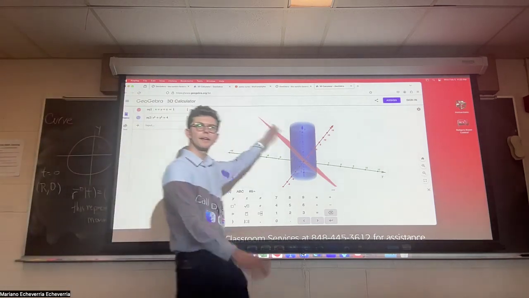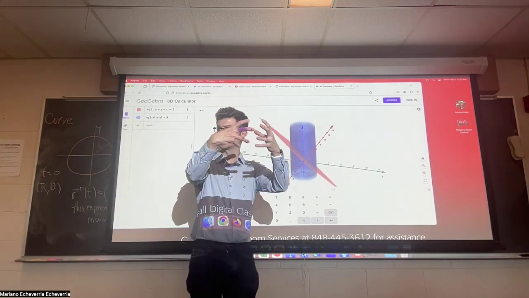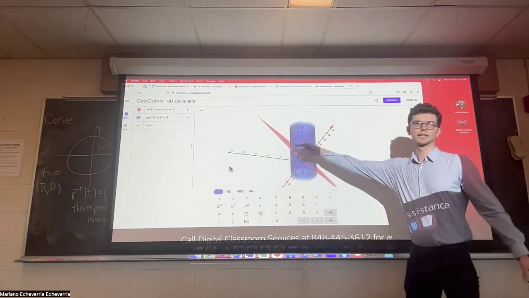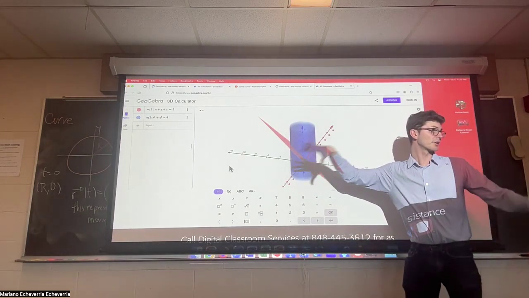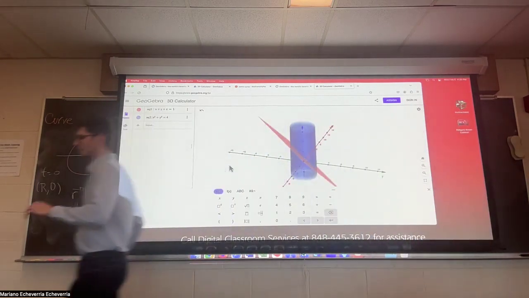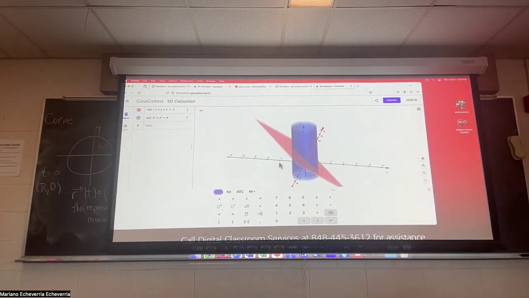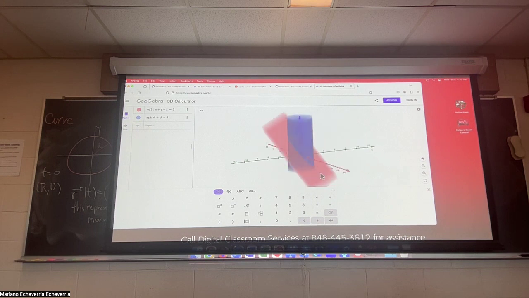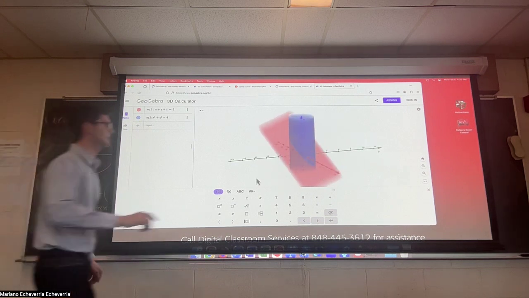So you have the plane, which is a piece of paper, and you have the cylinder. And you see, the two meet somewhere, they intersect. Okay, this looks better. So the two intersect.